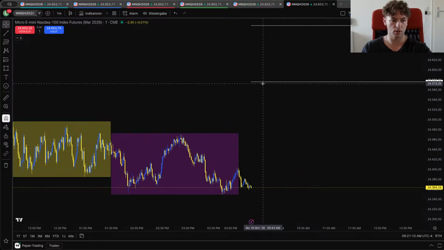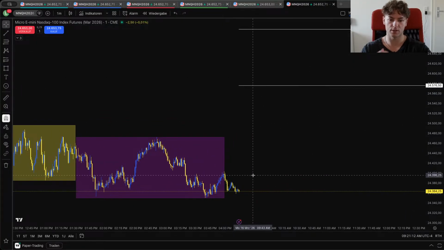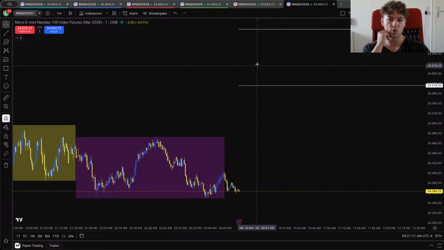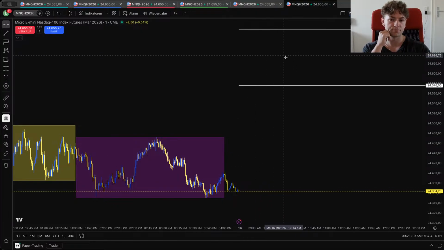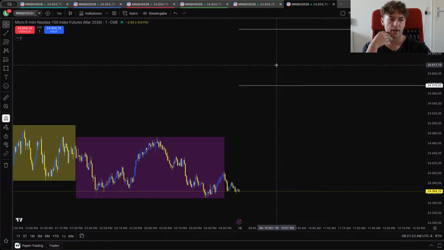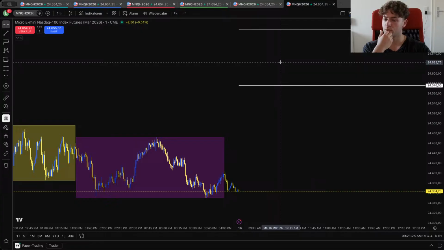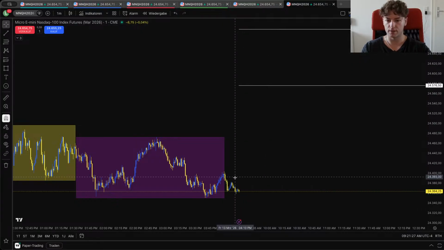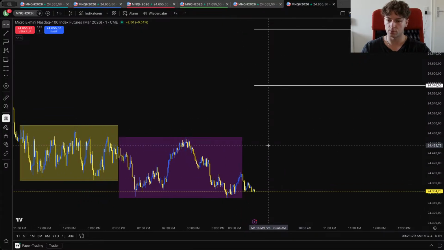Now you are not seeing a gap yet because it's 9:21, and at 9:30 price is going to open right around here. So you will see a huge gap, and if we are in fact bearish, we want to see price fill in this gap. Okay, so that's a plan.